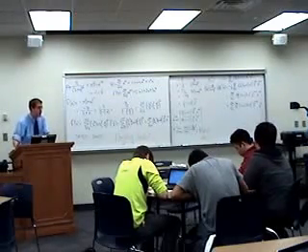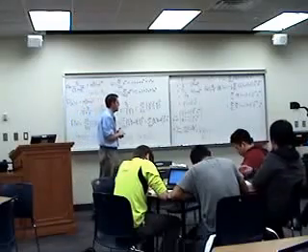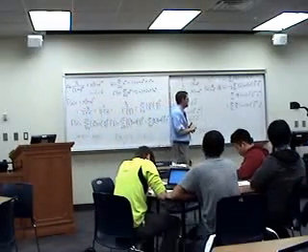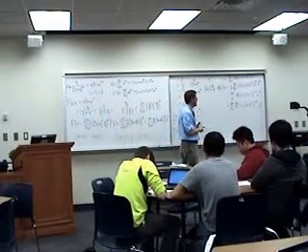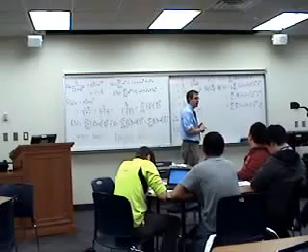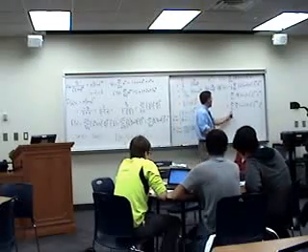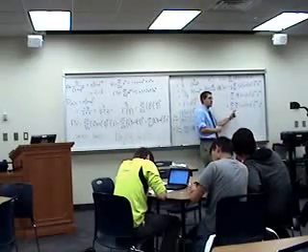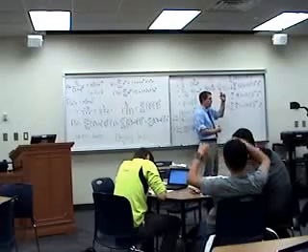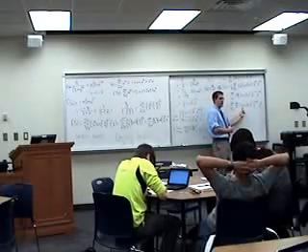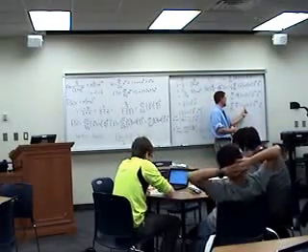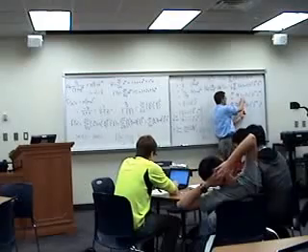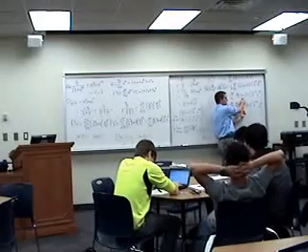If I take away 1 from the index and add 1 inside, you can see that these are equivalent statements. If you plug in 0 into here, 0 plus 2 is 2. If you plug in 1 into this one, 1 plus 1 is 2.